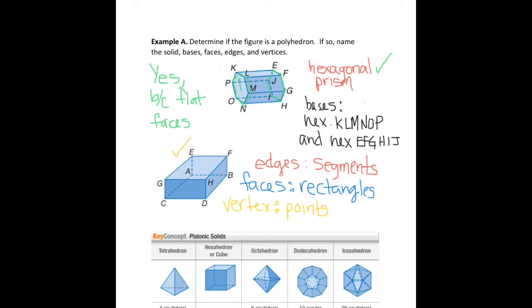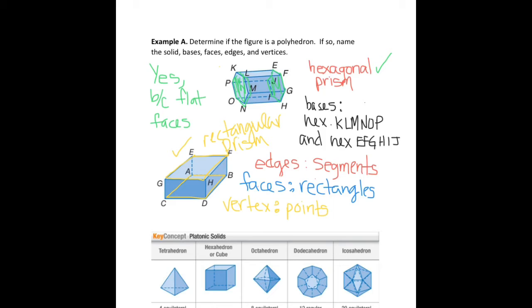Hexagonal prism, okay? The second image that I want you to look at is this right here. And this is a rectangular prism. Also a prism, has congruent bases, but this is a rectangular prism.